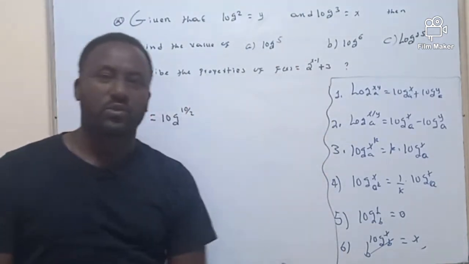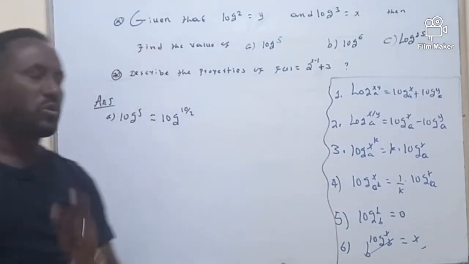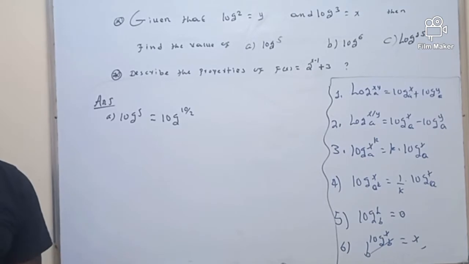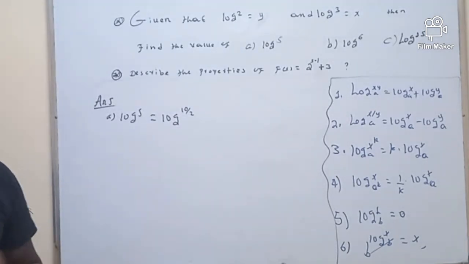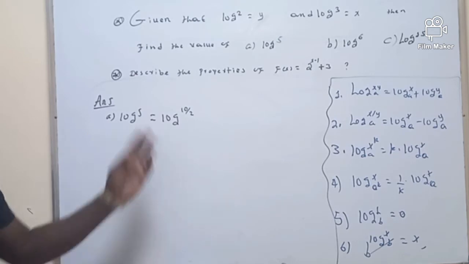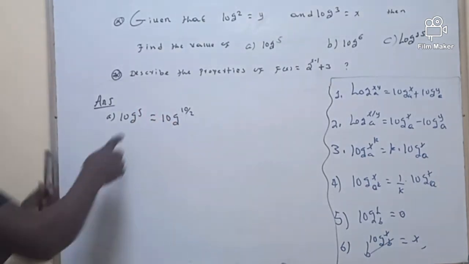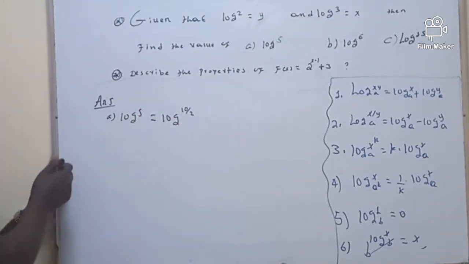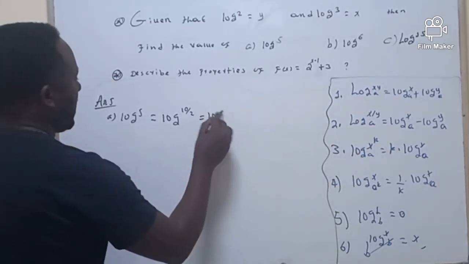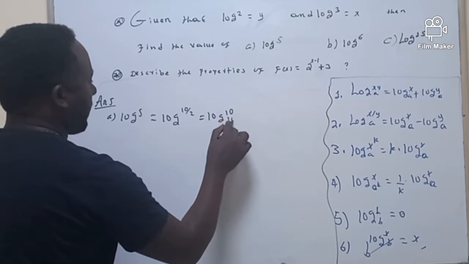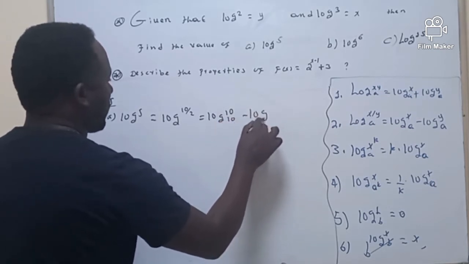Whenever you are interested in solving this problem, you have to look at the question in different ways. Your view has to be in many ways. Now this 5 means 10 over 2. So with the second law, we can do this: the logarithm of 10 to the base 10 minus the logarithm of 2 to the base 10.